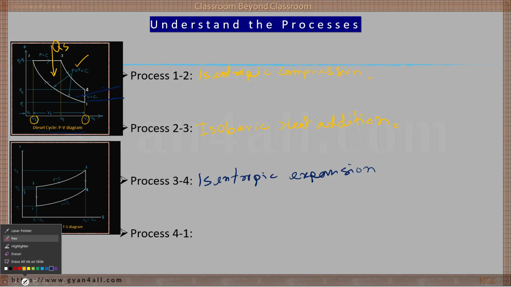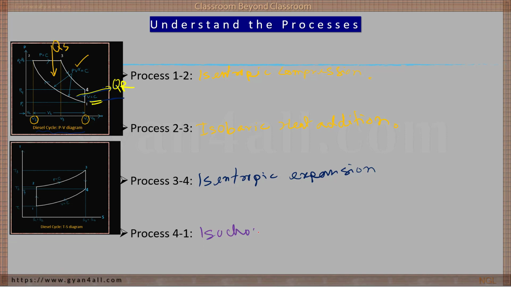I have used a different color. This is the heat rejection process QR, and you can see V equal to C, that means constant volume. So we will call it isochoric, or constant volume, heat rejection.